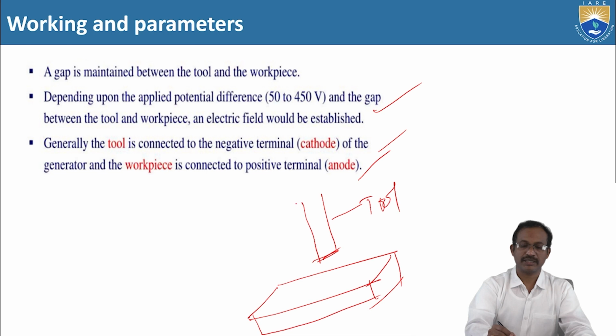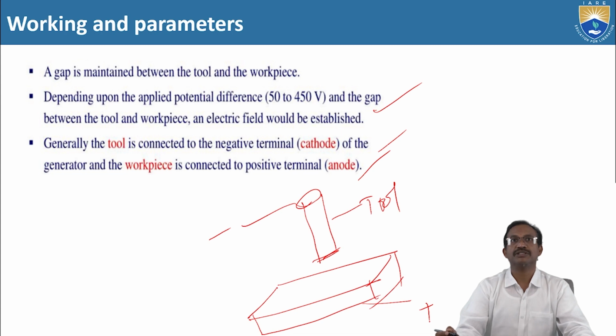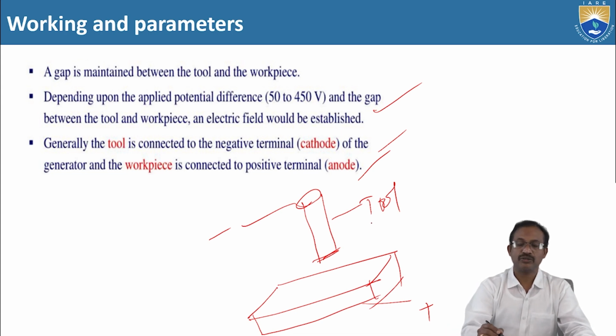So the tool is connected to the negative terminal, the workpiece to the positive terminal. Here the tool is the cathode and the workpiece is the anode.